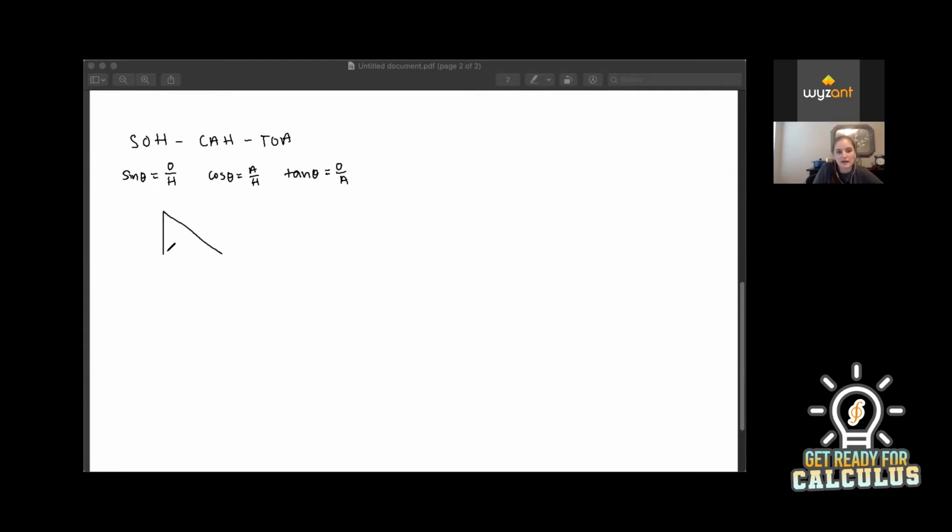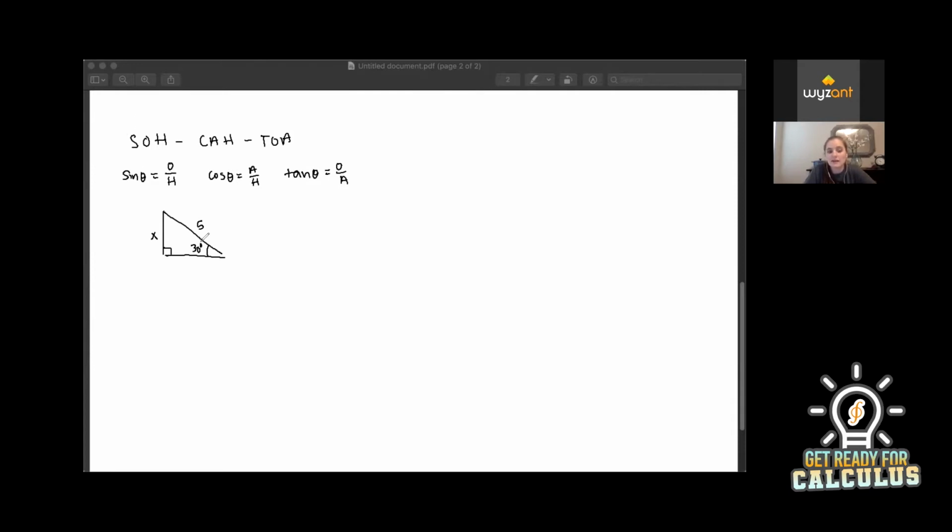Let's say we have a right triangle, and we know this side is 5. And let's say we know the angle is 30 degrees. In order to figure out what x is, you want to identify what two things you have and what thing you're looking for.